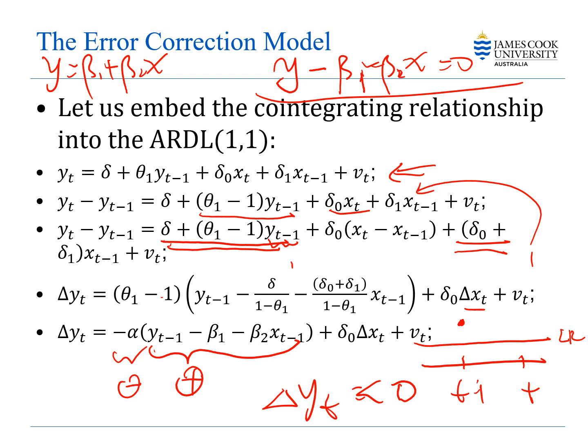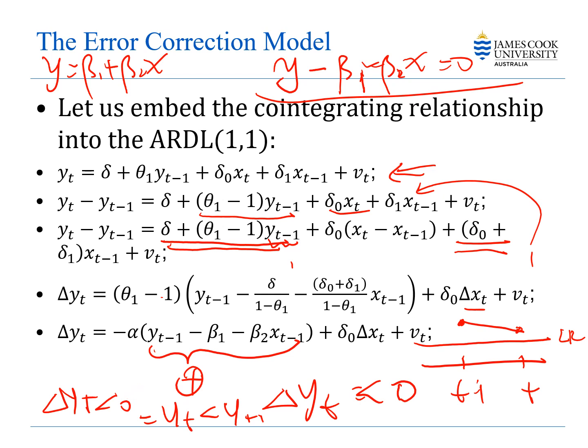However, delta yt is negative, which means that yt is less than yt minus 1. So we're getting a kind of correction, because yt is too high above the long-run relationship. There's a downward correction, so that yt moves towards the long-run relationship.